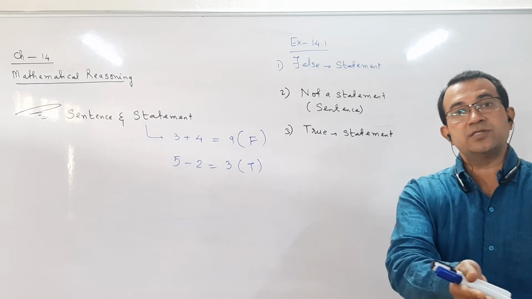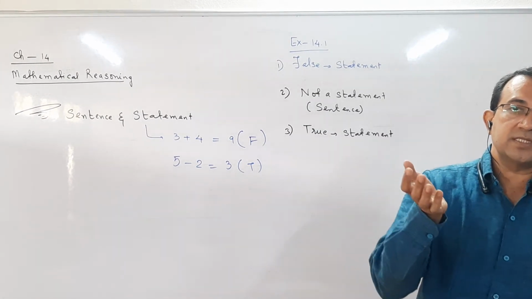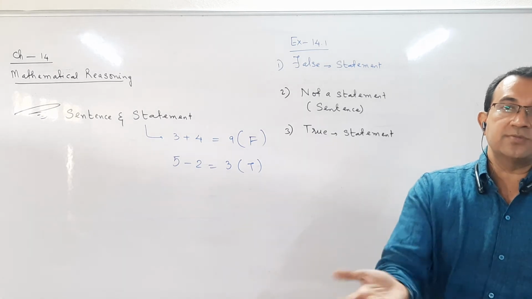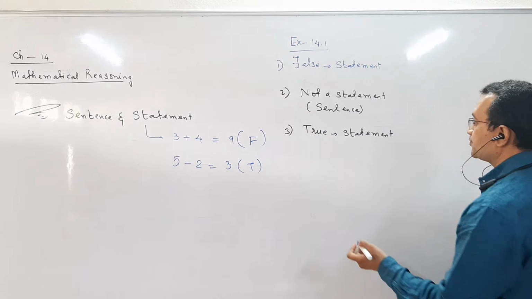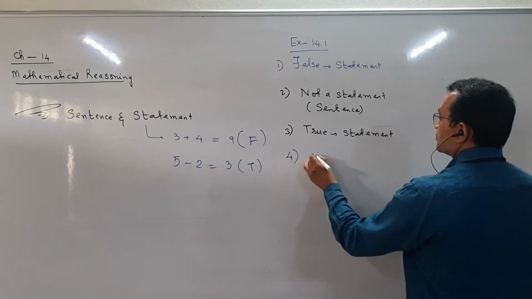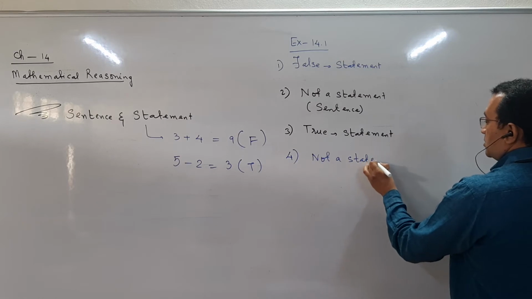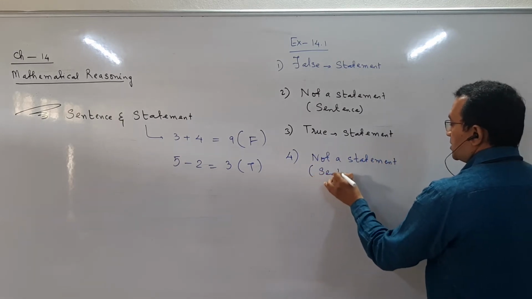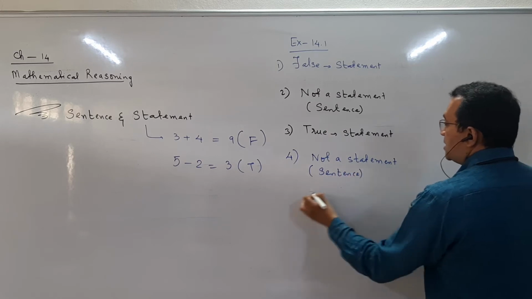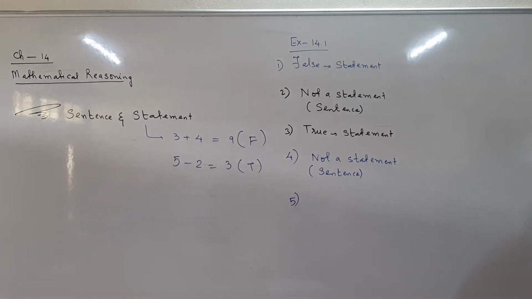So in some cases it is odd, in some cases it is even. So in some cases it is false, and in some cases it is true. So this is not a statement. Definitely not a statement means this is a sentence. I can never say that this is universally true or universally false.